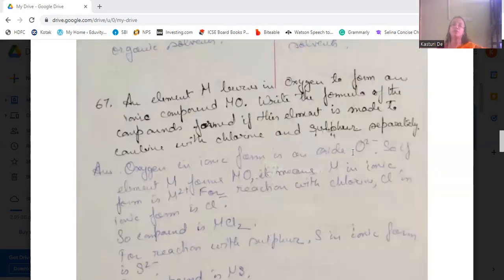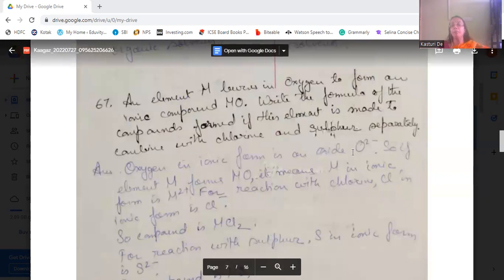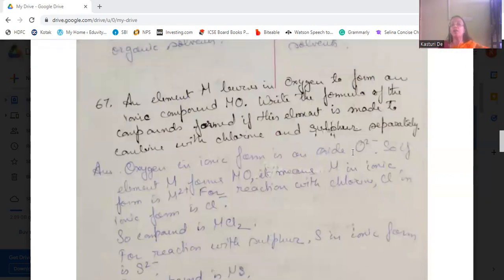That is the difference. An element M burns in oxygen to form an ionic compound MO. Write the formula of the compound formed if this element is made to combine with chlorine and sulfur separately. Oxygen in ionic form is the oxide, O2 minus.